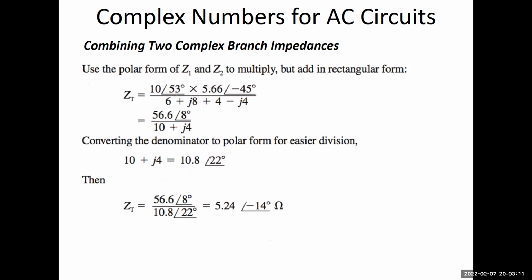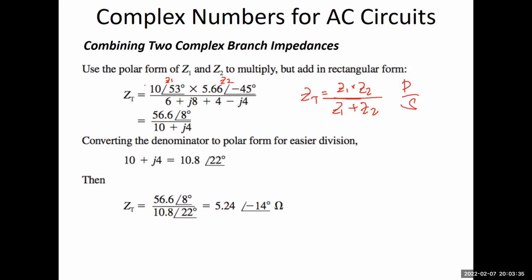So kaya sinulat natin ito ngayon na ito yung Z sub 1 multiplied by Z sub 2. Di ba kanina yung ating formula is total impedance is Z sub 1 multiplied by Z sub 2 divided by Z sub 1 plus Z sub 2. So this is the product over sum method.